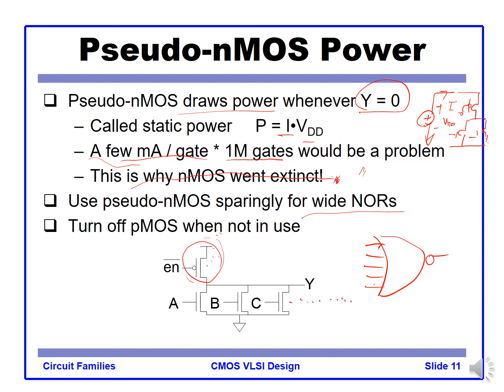To reduce the power consumption, we make the pull up disable-able, and we can disable it by an additional control signal so that we can turn off the static power consumption when it is not used. This is the only example that I can think of where people use this, a special case.